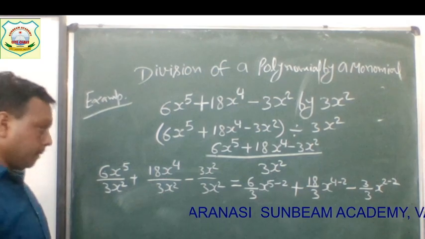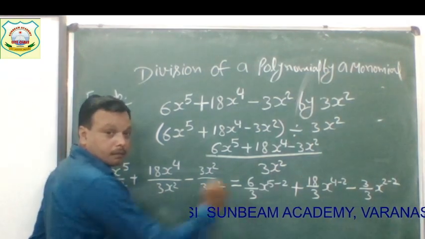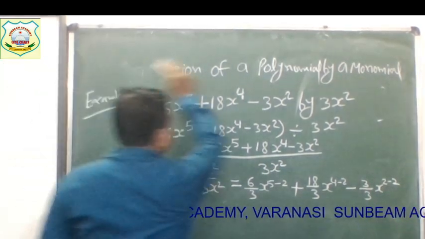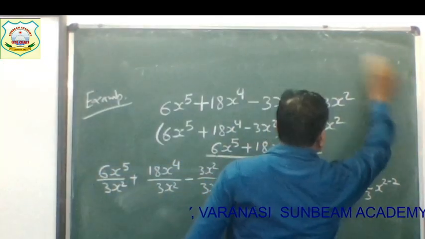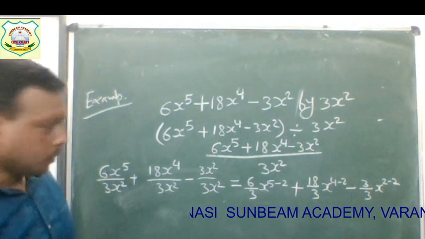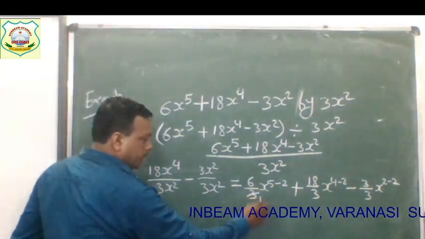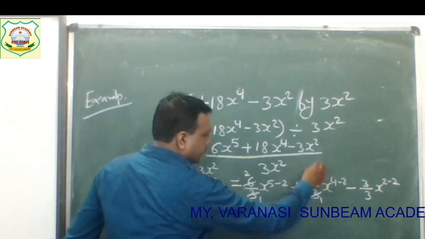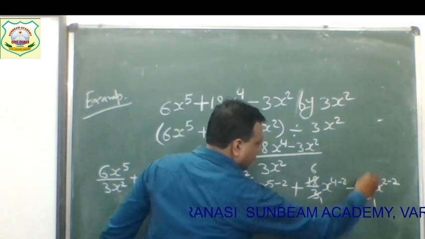Students, after that, what do we have to do? Now we are writing just above it. What will we do, students? 3 1s are 3, 3 2s are 6. 3 1s are 3, 3 6s are 18. 3 1s are 3, then 3 1s are 3.